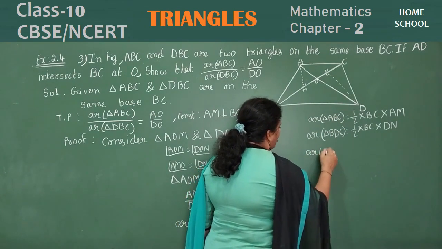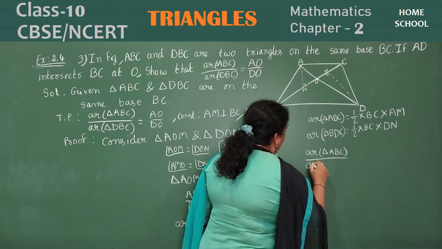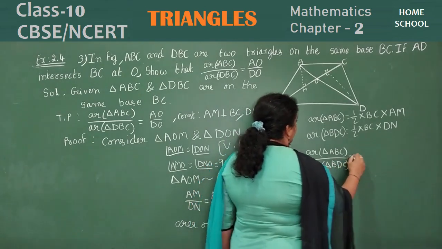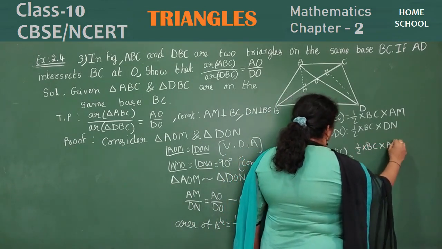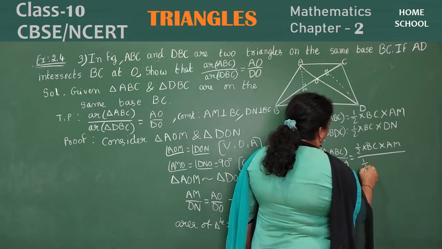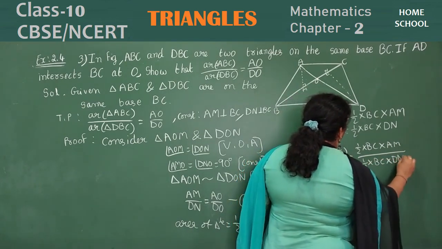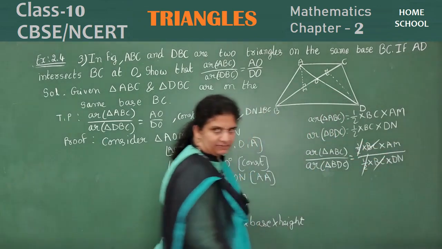So area of triangle ABC by area of triangle BDC is equal to half into BC into AM by half into BC into DN. Okay, half cancels, BC cancels.